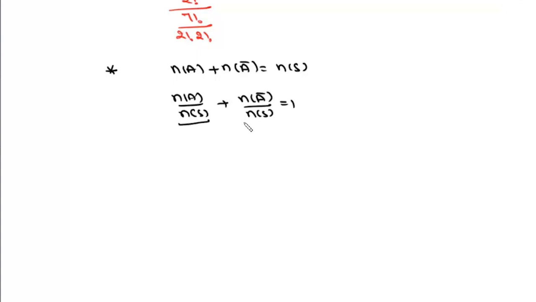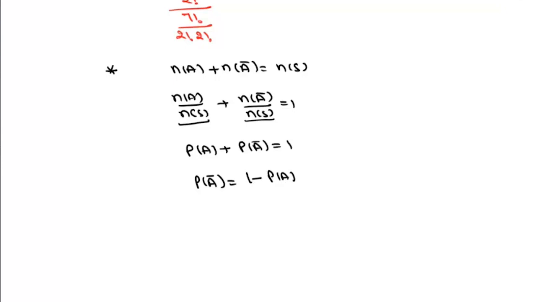Now this is the probability of A and this is the probability of A'. So basically, if A and A' are complementary events, then the probability of A plus the probability of A' is equal to 1. So if we know the probability of an event, we can find the probability of its complement by simply subtracting it from 1, or vice versa.